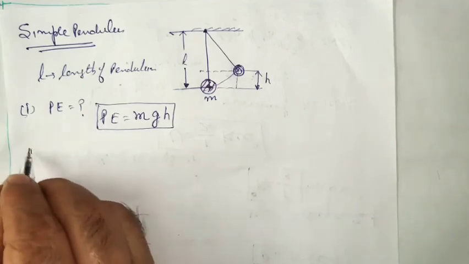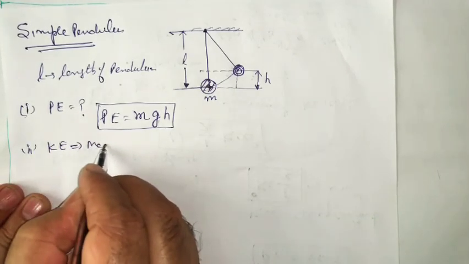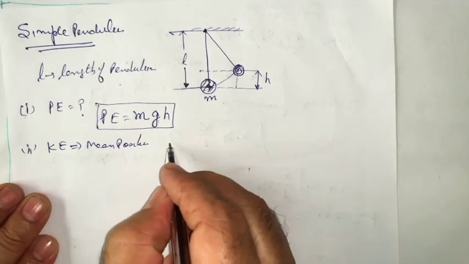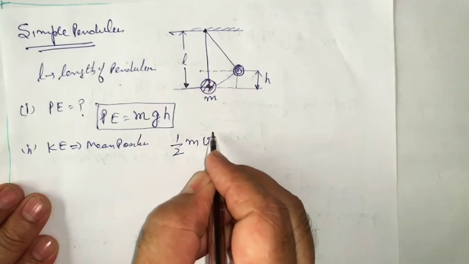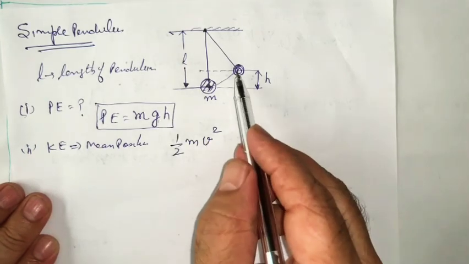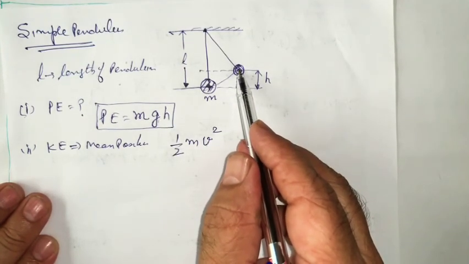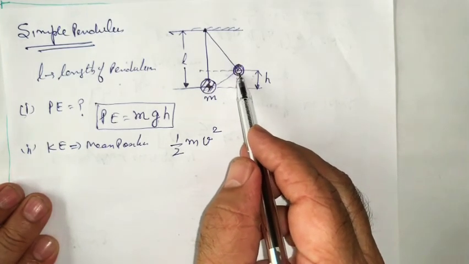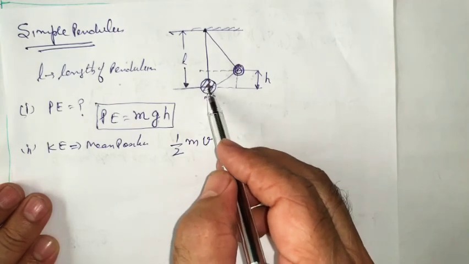Now, number 2, if you want to find the kinetic energy at mean position, the formula is very simple. That is equal to half m into v square. Means if the bob is released from a height h, what is its energy at the lowest point?